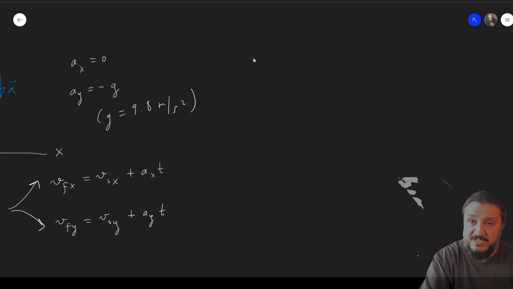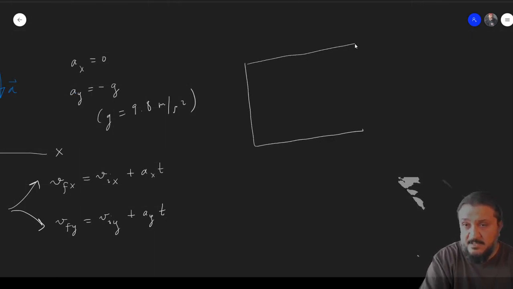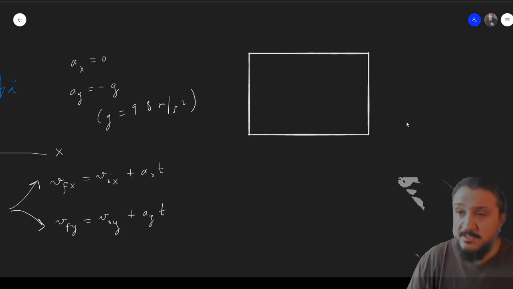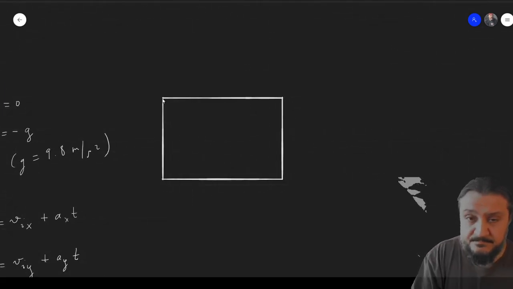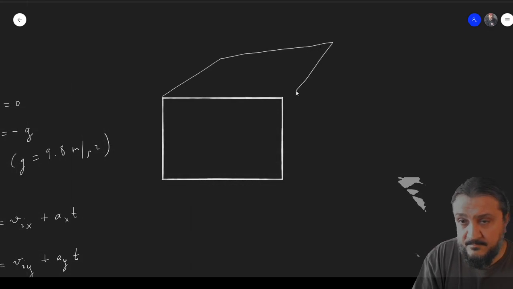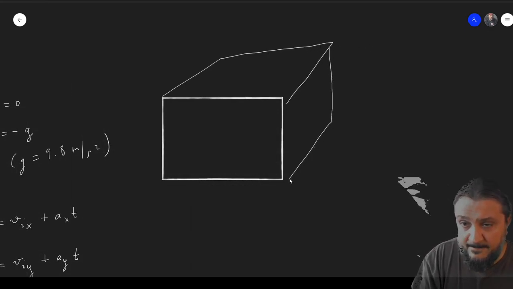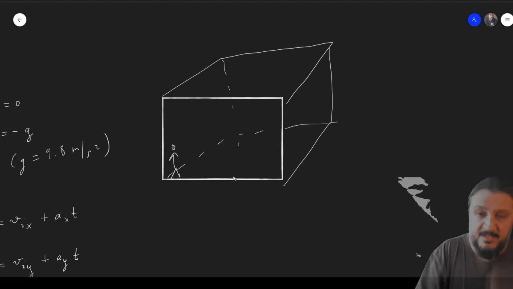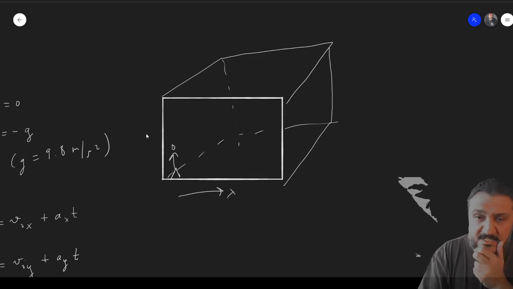If you want to challenge what I just said, you could do this experiment where this is your room. You're standing here, and you say, this is my x direction, this is my y, and this is z, the third direction.